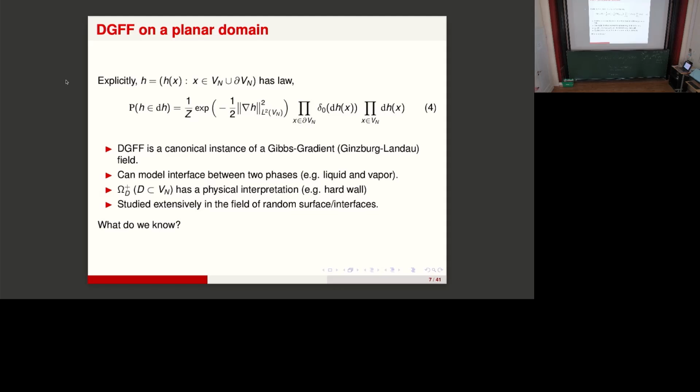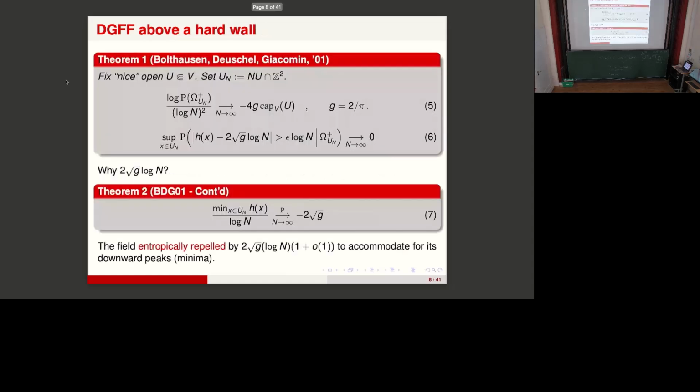And it indeed has been studied very extensively in the 90s, mostly in the 90s, maybe early 2000s. And there are known results for the planar case. One of the prominent results is by Bolthausen, Deuschel, and Giacomin, which says the following.